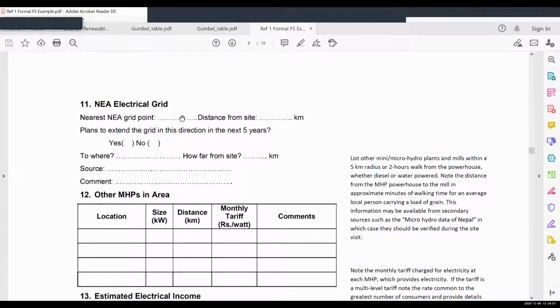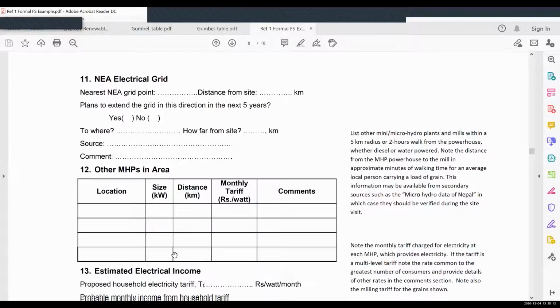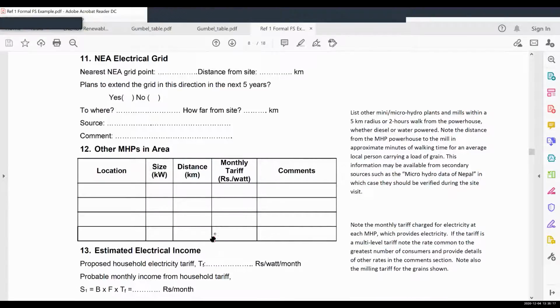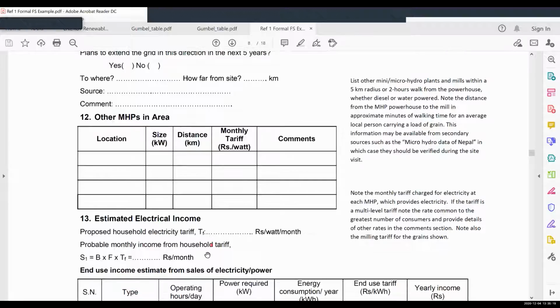The distance from the grid to here is important, because will the grid come to your location? If your village settlement will be connected to the grid, then you should know beforehand. Then what are the other MHPs in the area, in other villages? Are there any micro hydro projects?